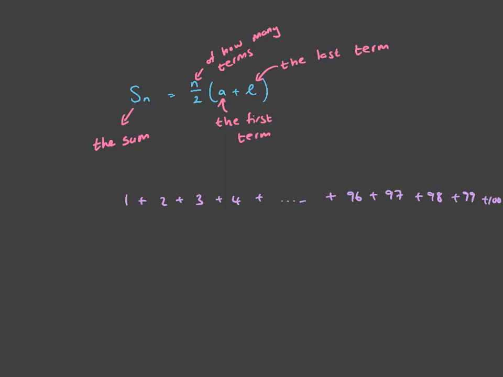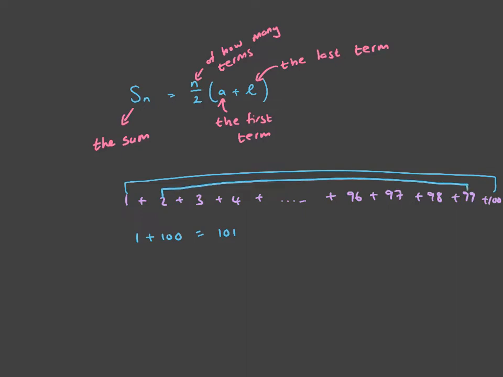So what he did is he added the first term and the last term together. So 1 plus 100, the first term plus the last term, is equal to 101. What is 2 plus the second last term? 2 plus 99 is also equal to 101.